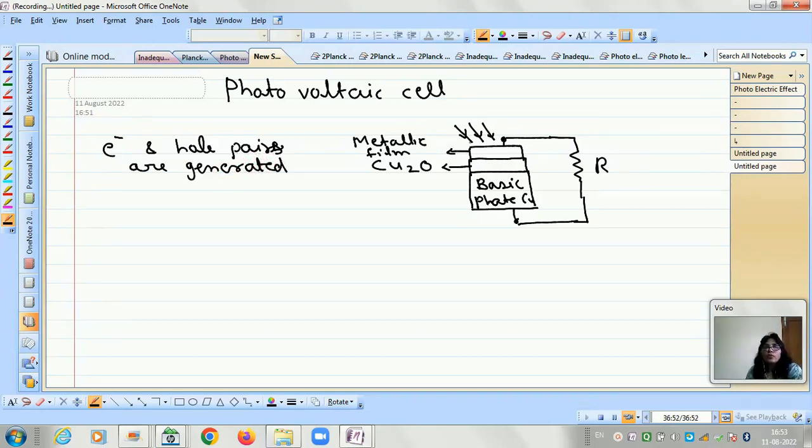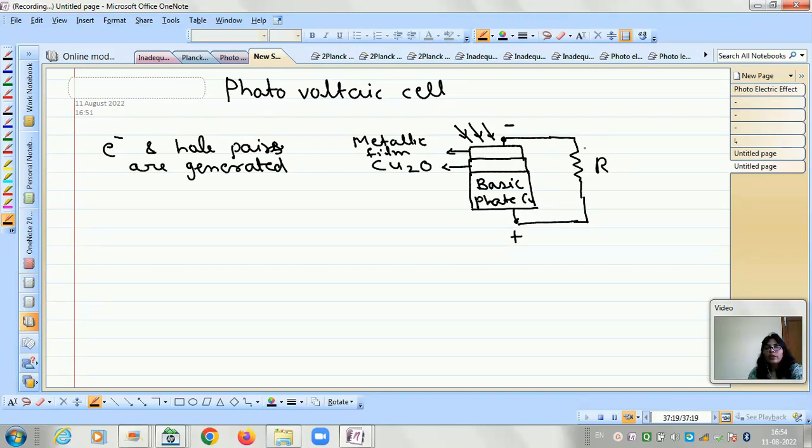When light falls in the depletion region of the semiconductor, electron and hole pairs are generated, and electrons get collected towards the metallic contact, and then holes are collected at the other end. So this end is negative and this end is positive. And now if an external circuit is connected, then current may flow through the external circuit.